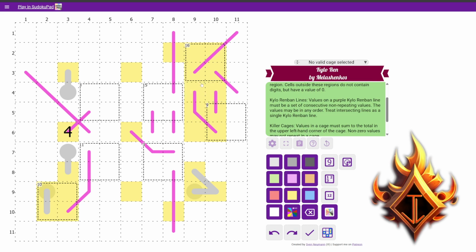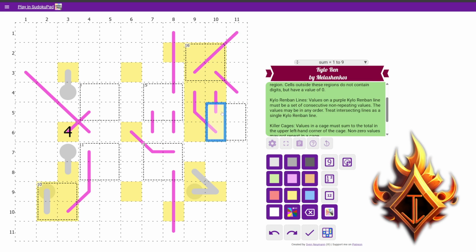I don't know which one gets it yet. One of those still needs to be taken.